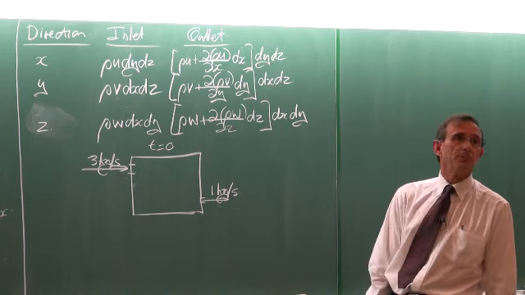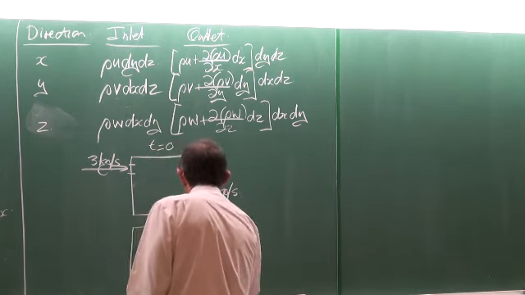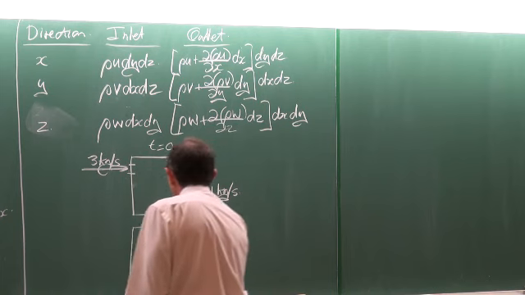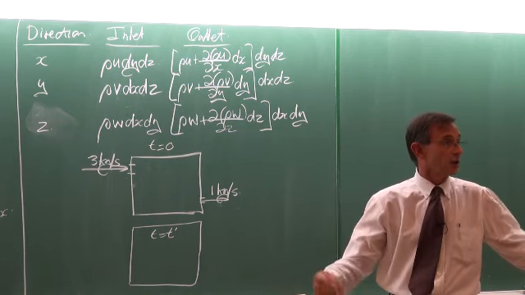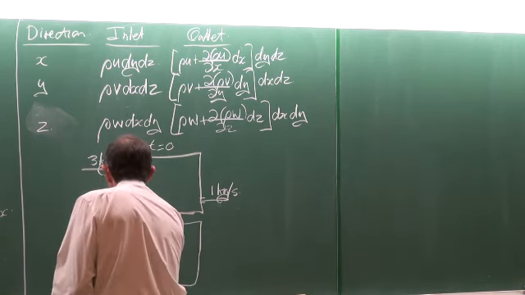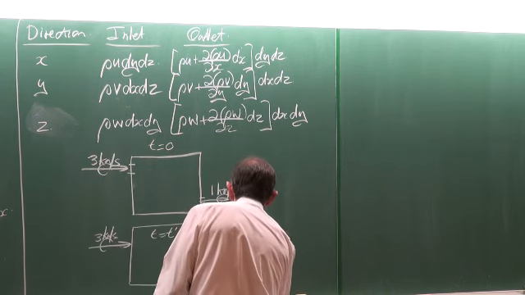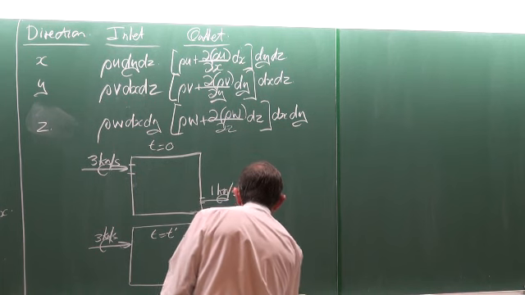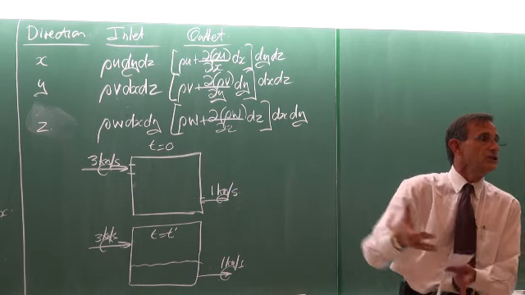So what is going to happen? If we now take the same tank or the same control volume, and we would look at 10 minutes later or whatever, then with 3 kilograms per second still coming in and 1 kilogram per second going out, mass will be stored in the volume.